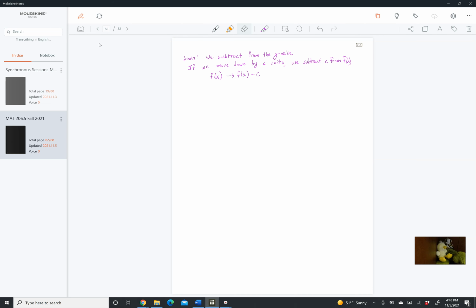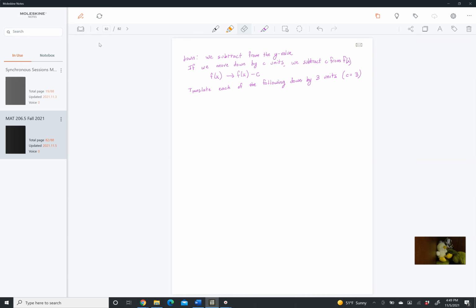So in this case, let's translate each of the following down by 3 units. So in other words, C is equal to 3.